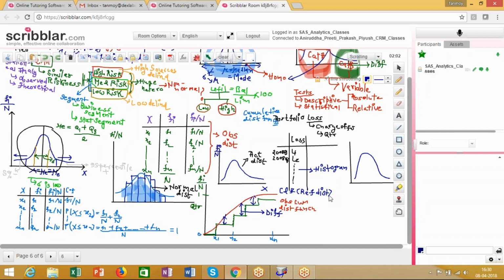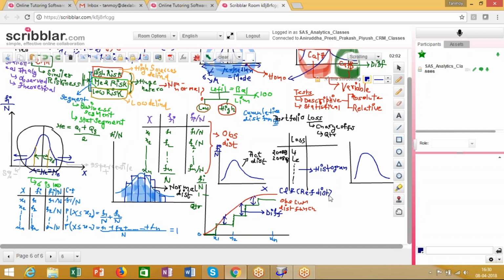And this kind of test, which we are using to check whether a particular distribution follows a given reference distribution, is known as a non-parametric test.